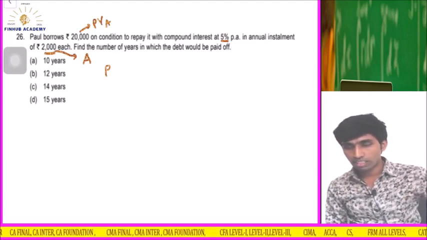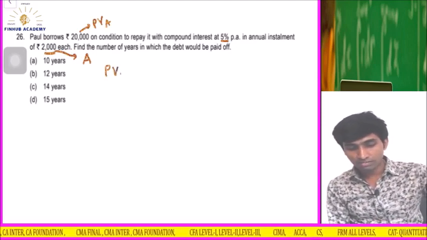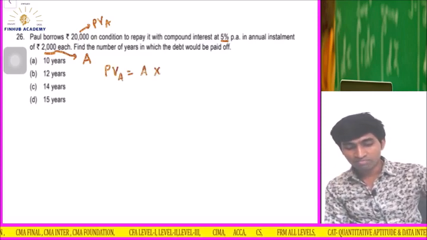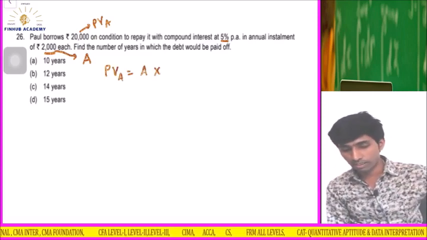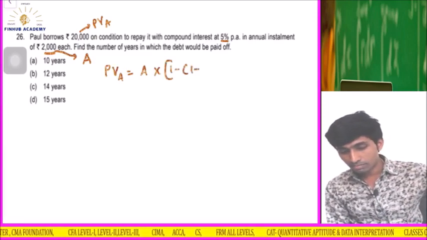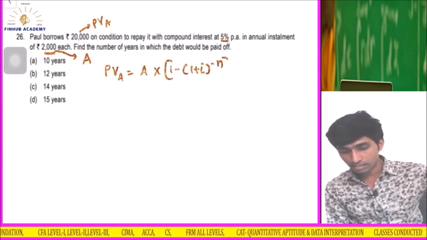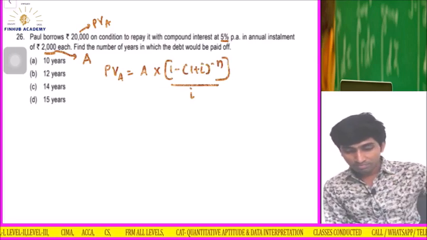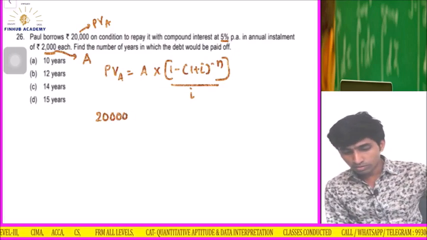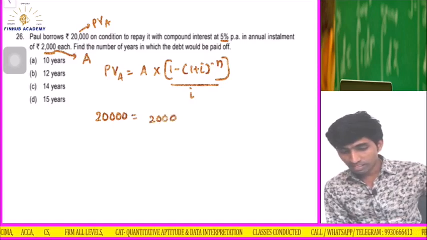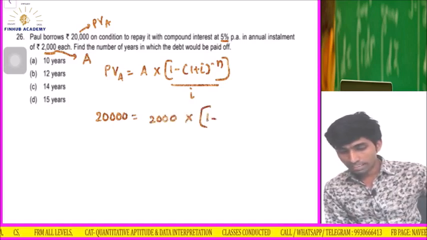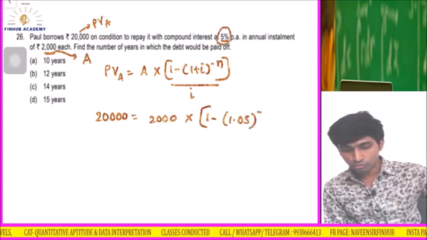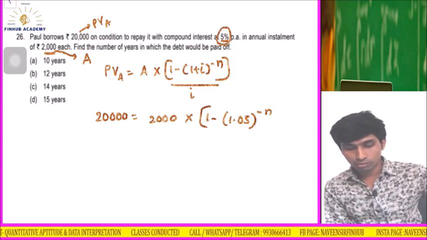So obviously we will have to do the reverse calculation. Here, 20,000 equals 2000 into (1 minus 1.05 raised to minus n) upon 0.05. The interest rate is 5%, and I don't know n, since they want the number of years.